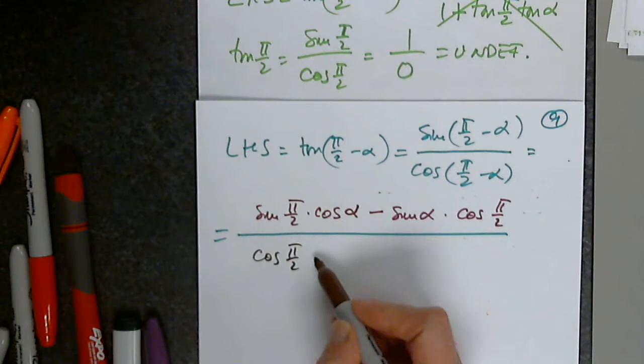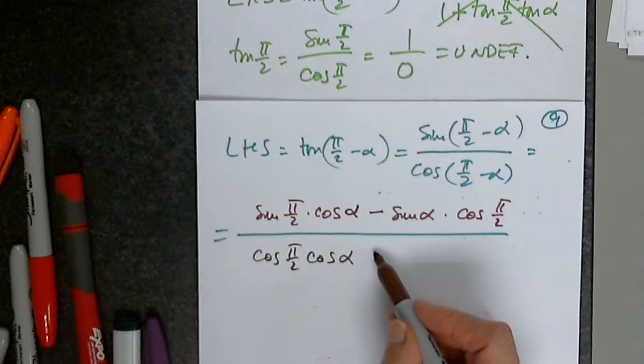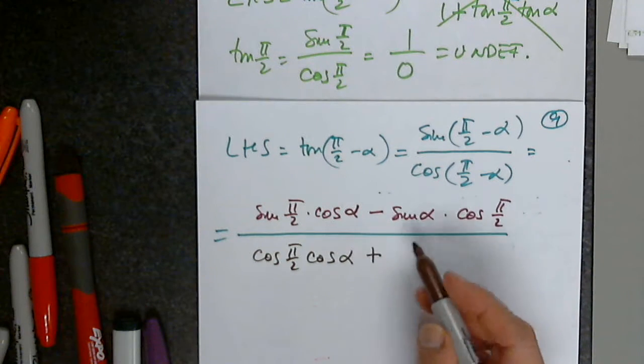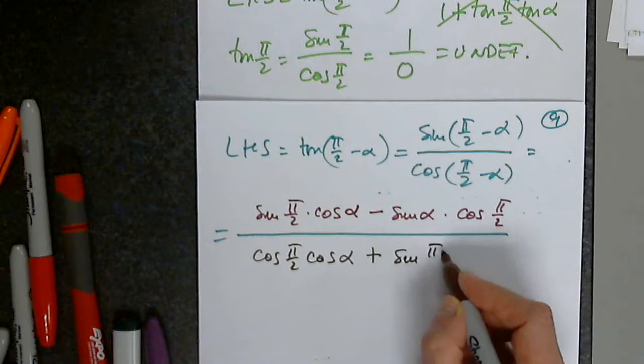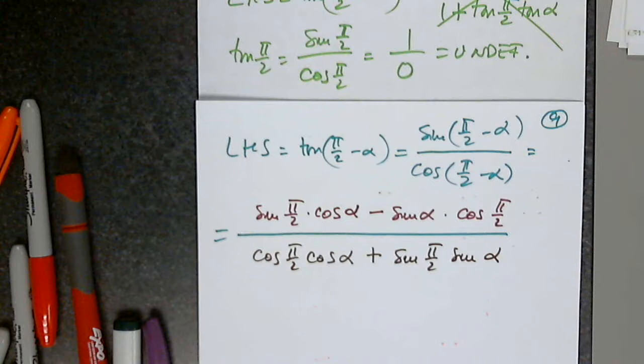Cosine pi over 2 times alpha. And then, exactly, pi over 2. Excellent. Very good. Do we all agree with top and bottom now?